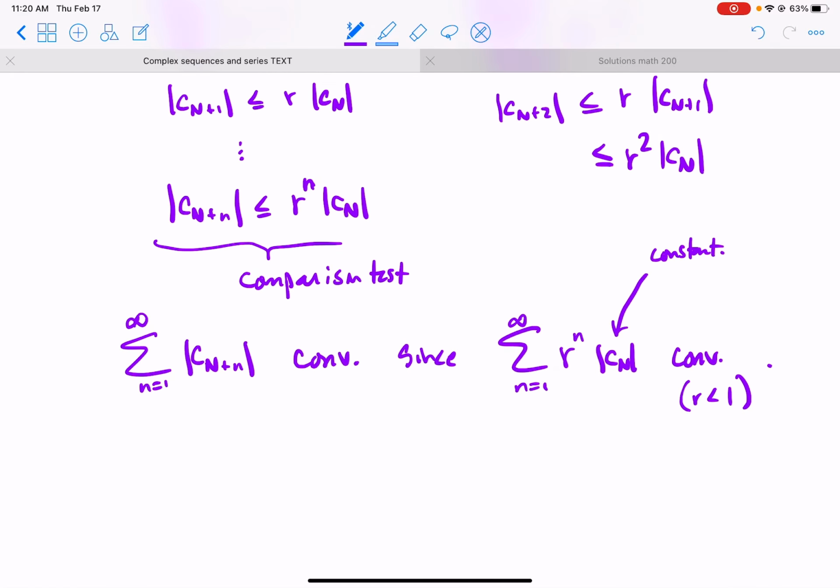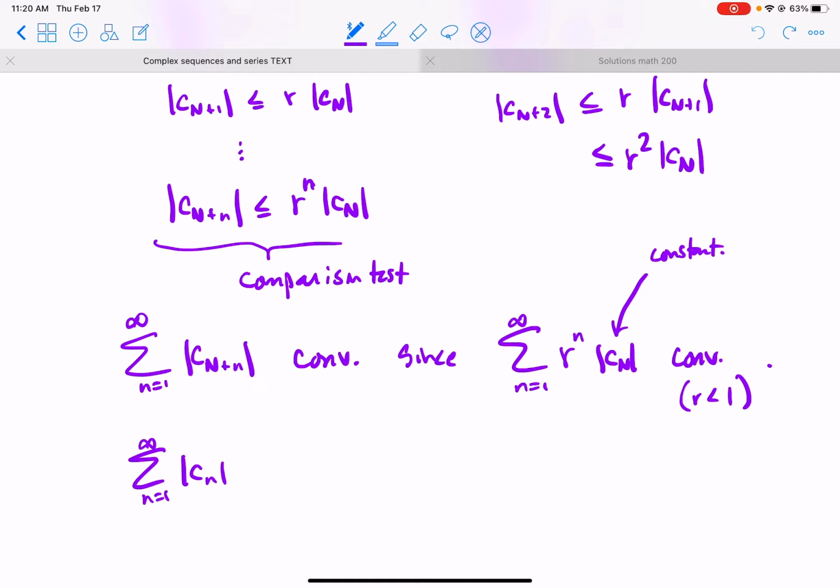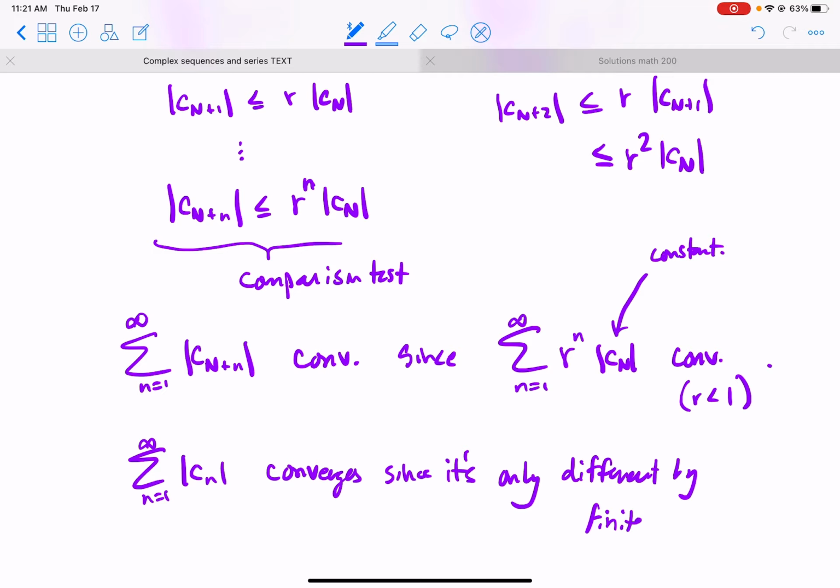Okay, then we're done, right? Because now this sum of the C_n's, what's the difference between these two? Just finitely many terms. This one starts later, at C_{N+1} or something. So this one converges since it is only different by finitely many terms in the beginning, whatever, 1 through N minus 1 or something like that.